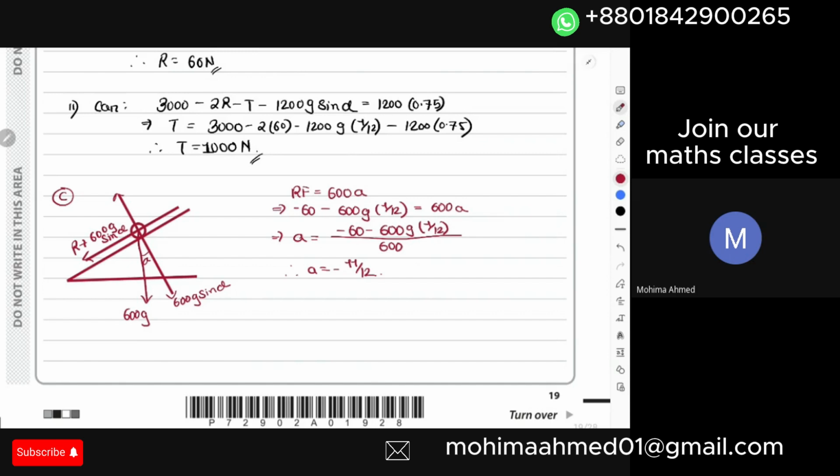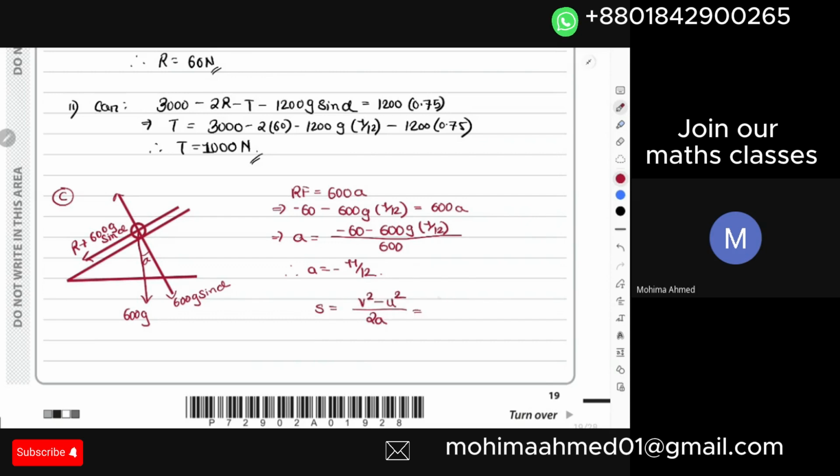Then if the value for a is now given, by the way, the point where the tow bar broke was the point where the object was moving with 12 velocity, right? So you have the initial velocity 12, final velocity 0. I have to find the distance. So it will be v square minus u square by 2a.